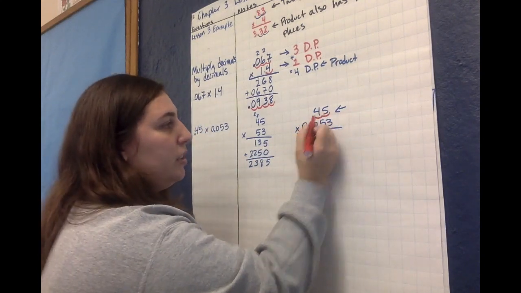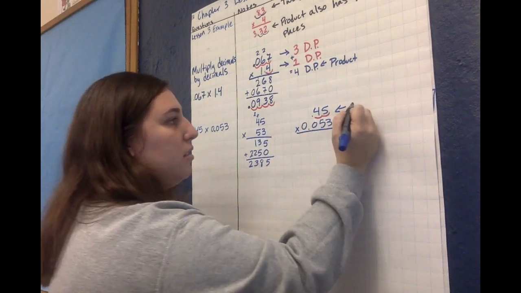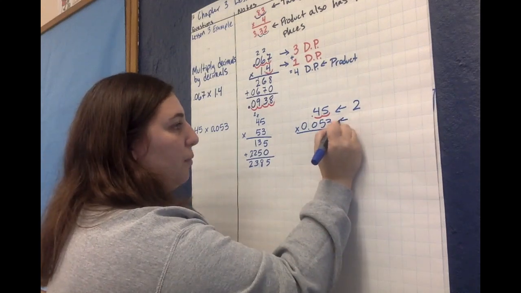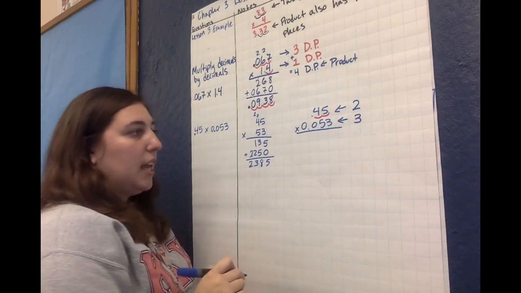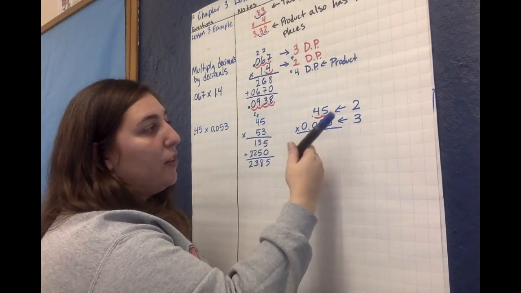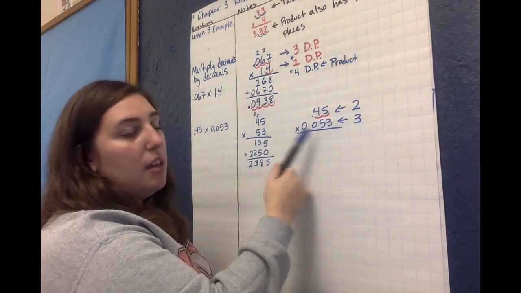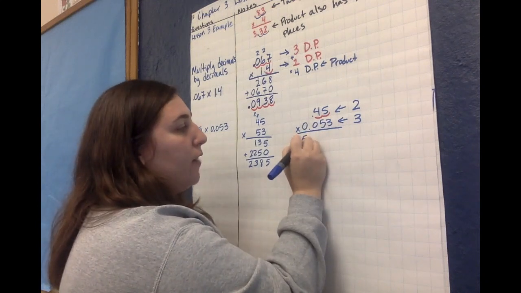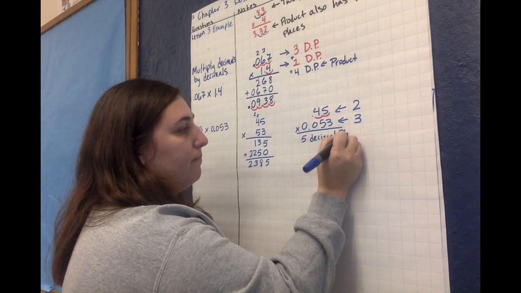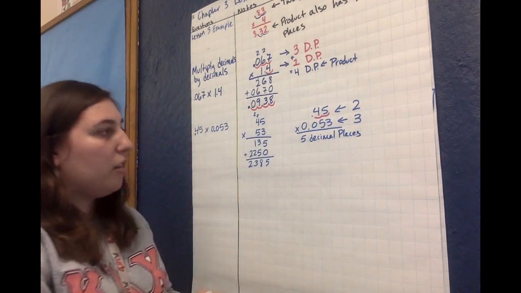So if I count 1, 2, has 2 decimal places. 0.053 has 3 decimal places. Okay, so my answer is going to have 5 decimal places. And I figured that out because I did 2 plus 3, that equals 5. So 5 decimal places. Okay.